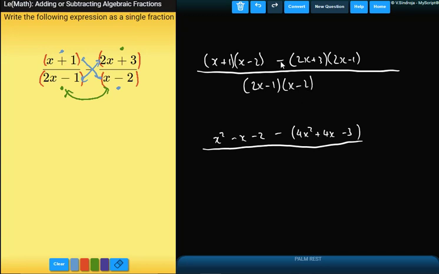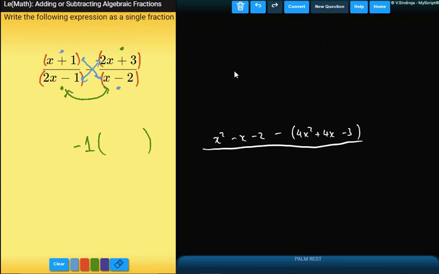Now this is what's going to happen. That minus, think about it as like a minus 1. It's going to multiply this thing here. So that minus effectively is going to flip the sign of all of these here. So let's actually get rid of that. So what we end up on the top is x squared, take away x, take away 2, and then this thing here becomes minus 4x squared, minus 4x, and then plus 3.